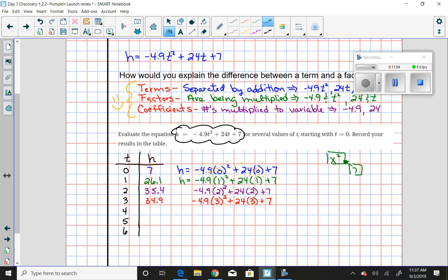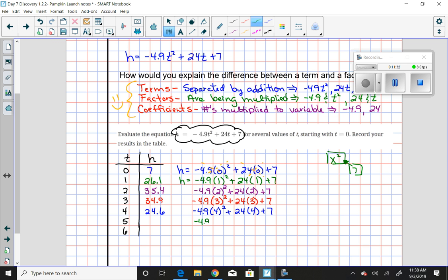All right, let's try it again. Negative 4.9, parenthesis, 4, close the parenthesis and hit squared, plus 24, open the parenthesis, times 4, plus 7. When you hit enter, you should get 24.6. Now let's do it again. This time put 5 in.